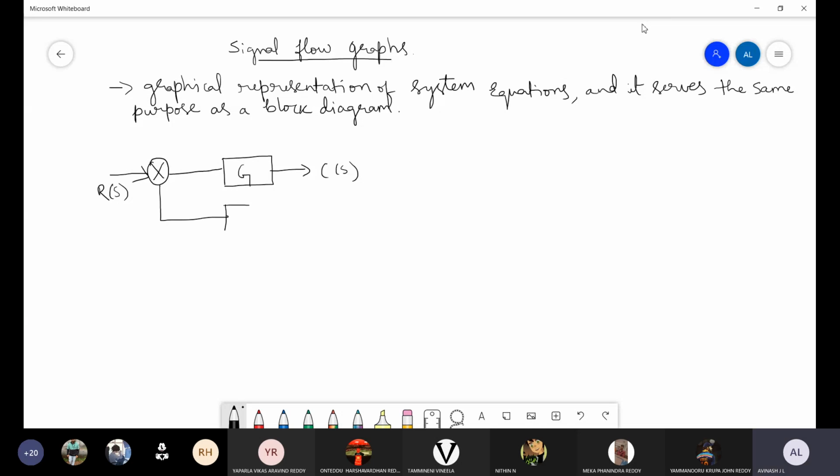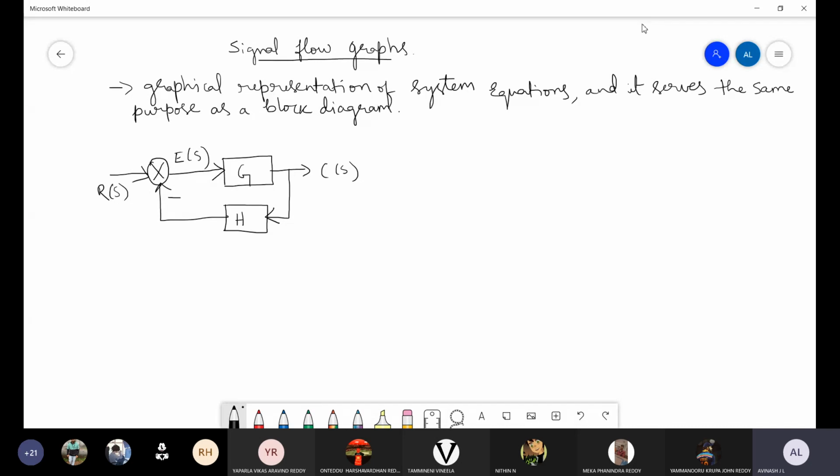Anything you can take, but I have chosen this one. Here it is a negative feedback. This is the simple feedback loop. Here the signal is E of S, the error signal.